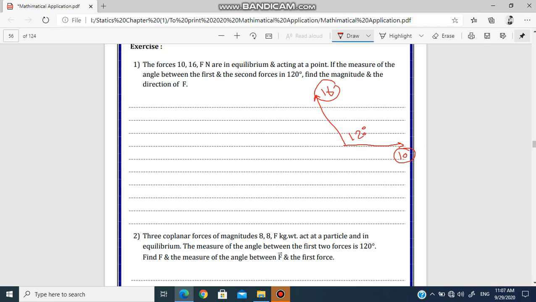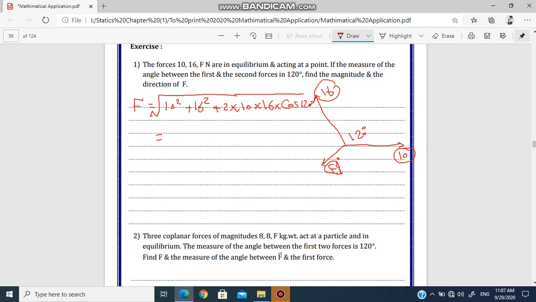And the force F equals the resultant of the two forces 10 and 16 and is opposite in direction. So the resultant is F. So F equals the square root of 10 power 2 plus 16 power 2 plus 2 multiplied by 10 multiplied by 16 times cosine 120.